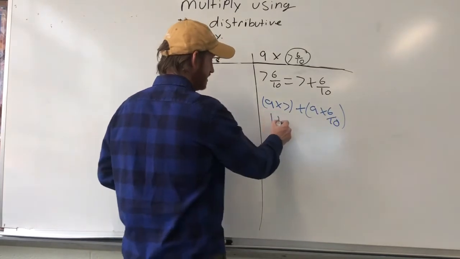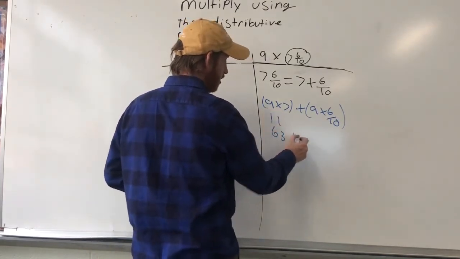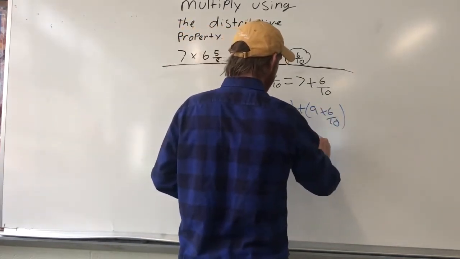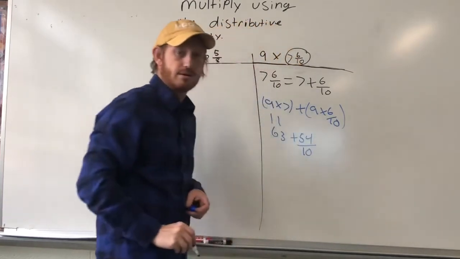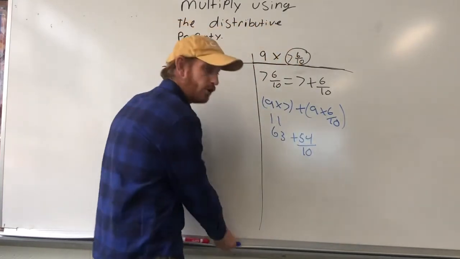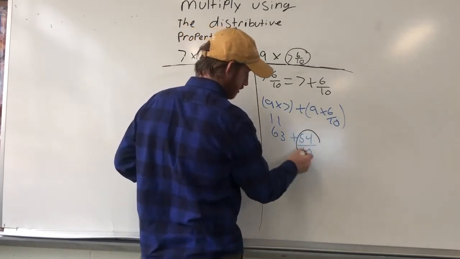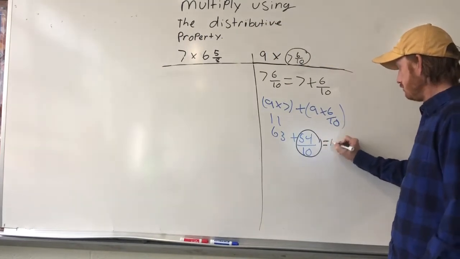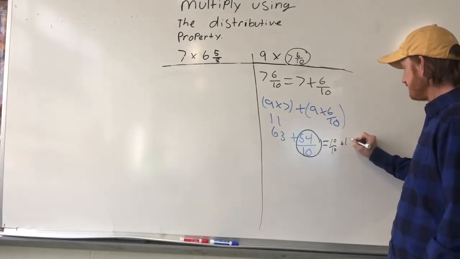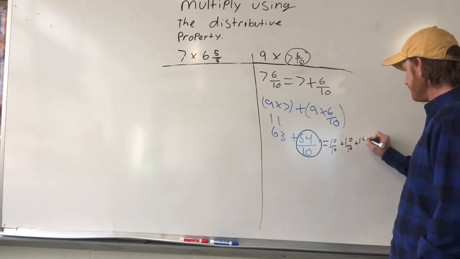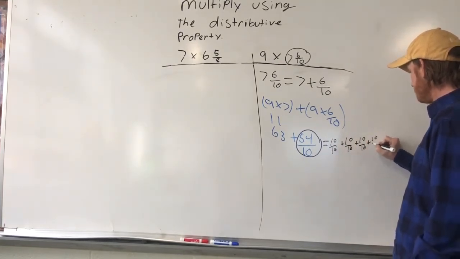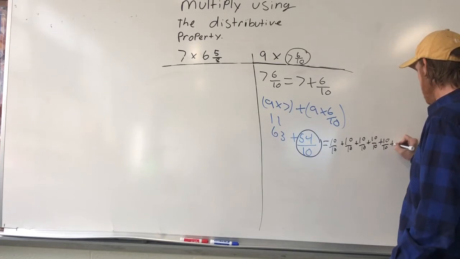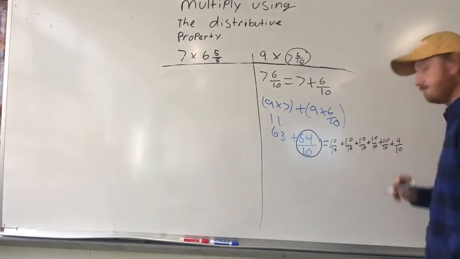Well, 9 times 7 is 63. And 9 times 6/10 is equal to 54/10. But 54/10 isn't our most simplified version. 54/10 is equal to 10/10 plus 10/10 plus 10/10 plus 10/10 plus 10/10 plus 4/10, right?